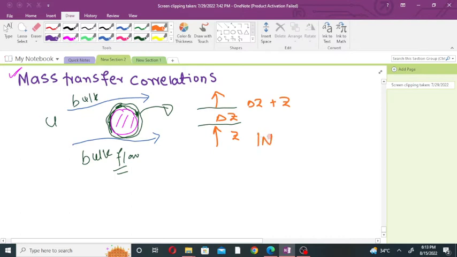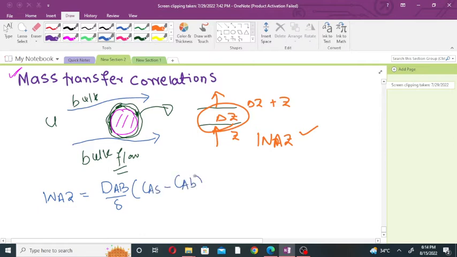We determined the flux of component A in the z direction through this stagnant layer, and the flux was W_Az equal to the diffusivity D_AB divided by the thickness, times the concentration of component A at the surface of the catalyst minus the concentration of A in the bulk.